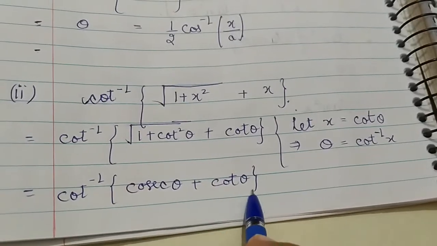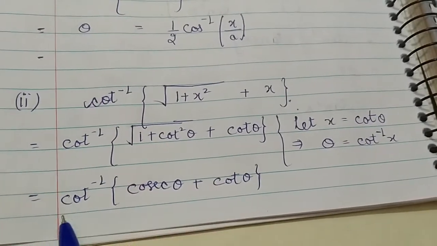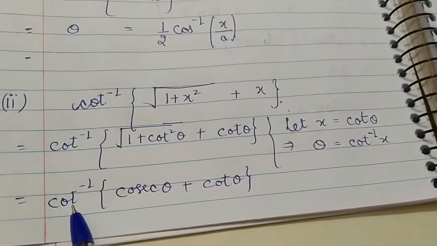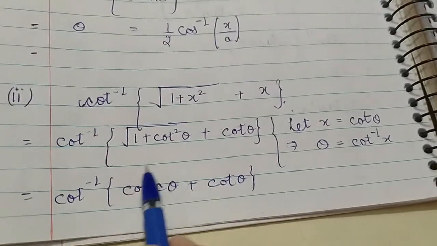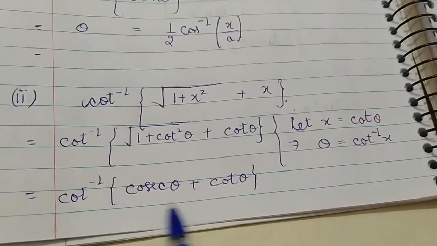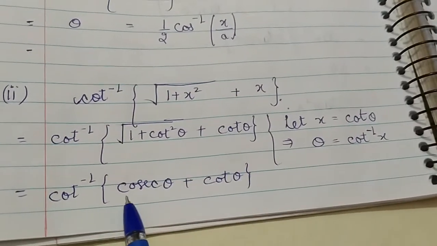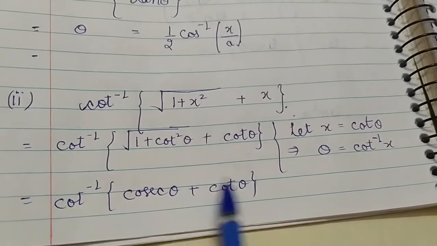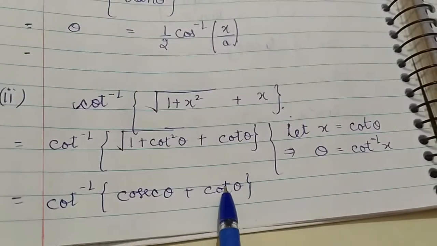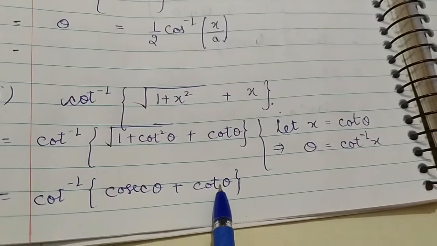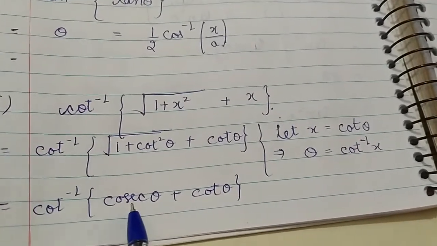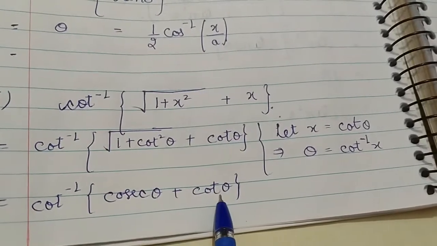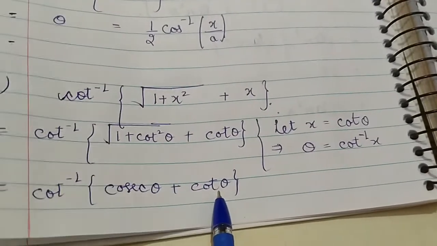Now what will we do after getting this term? We can't cancel cot inverse with any of these terms, so we have to convert this into a single term of cot theta. That's why we convert cosec theta in the form of sine, and cot theta in the form of sine and cos.